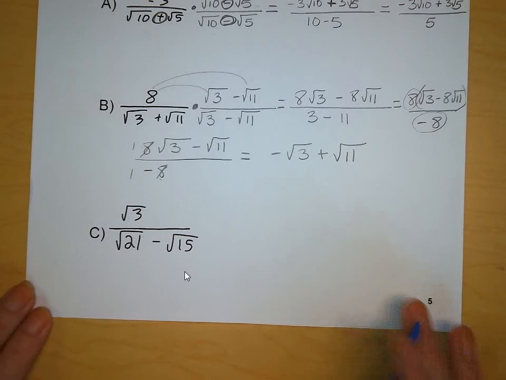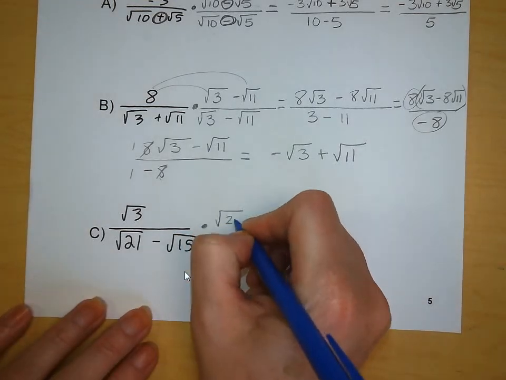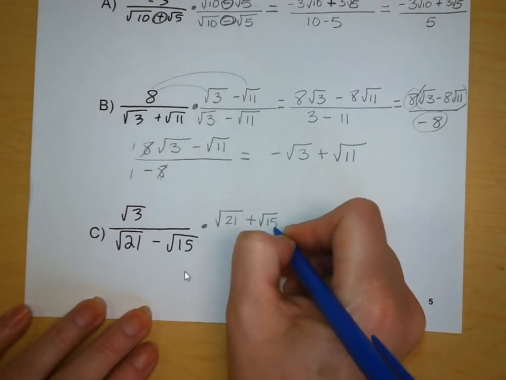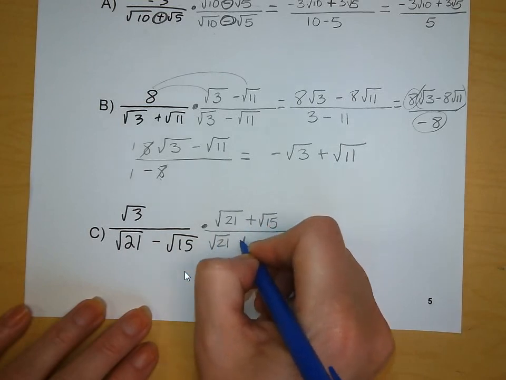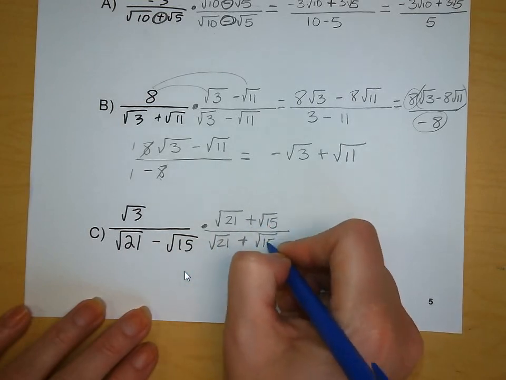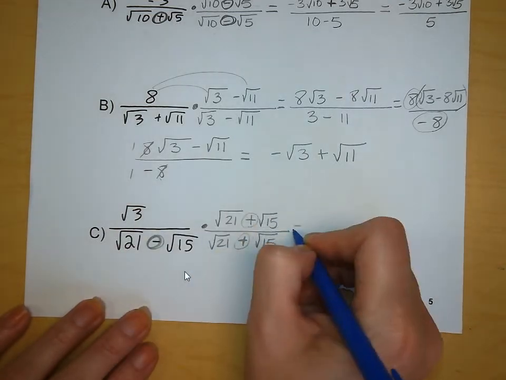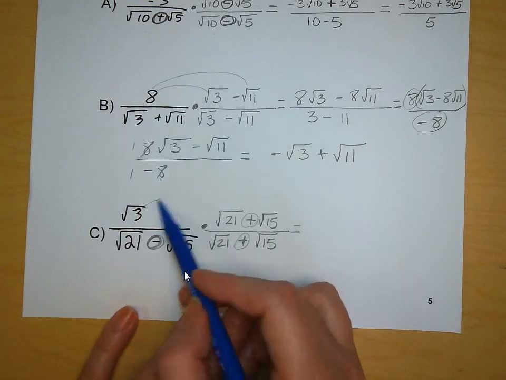All right. Letter C. We've got the square root of 3 over the square root of 21 minus the square root of 15. So we multiply by the conjugate, square root of 21 plus the square root of 15. All right, so we multiply it out.